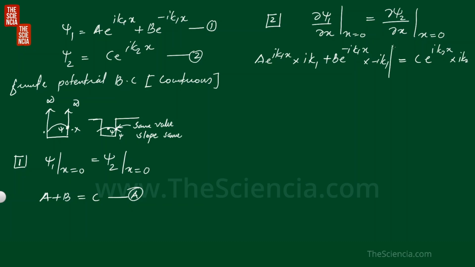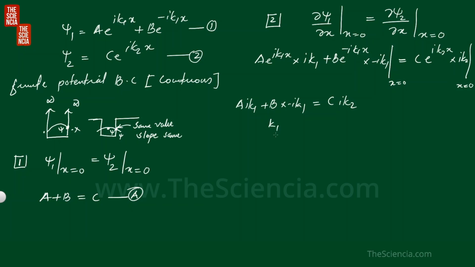So we have to substitute x equal to 0 here, and here also we have to substitute x equal to 0. So we get a i k1 plus b into minus i k1 is equal to c into i k2.